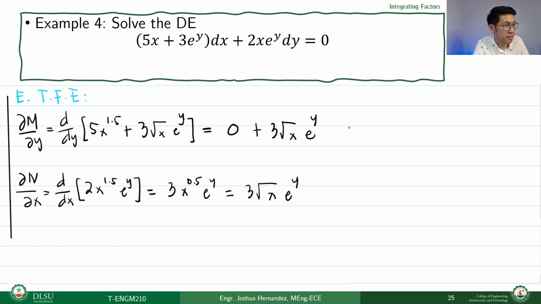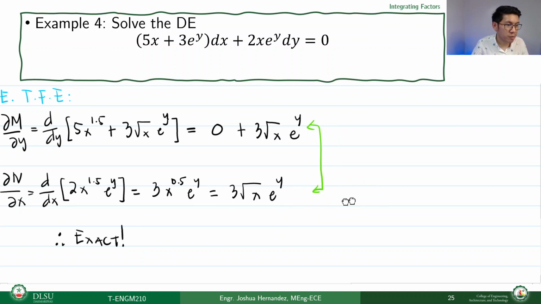They are now both equal. So our conclusion is that we have verified that this is exact. Very good. We can now proceed to solving this by exact method.